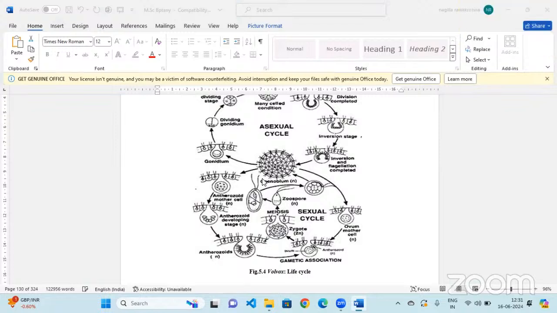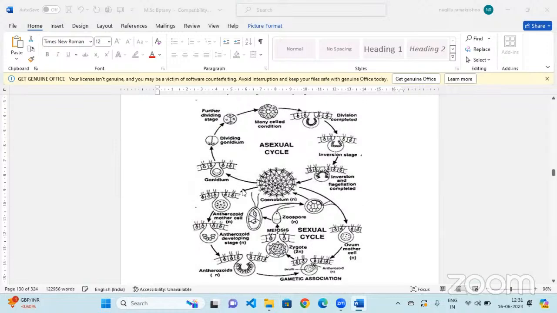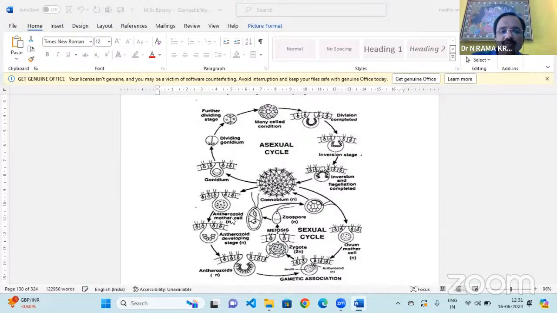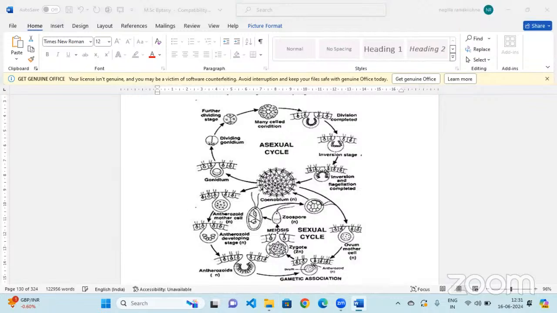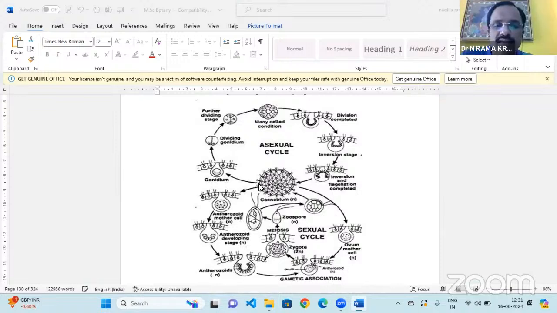Now in the male reproductive organ, we call that the antheridia. For example, in this area, one cell first divides into two equal parts.